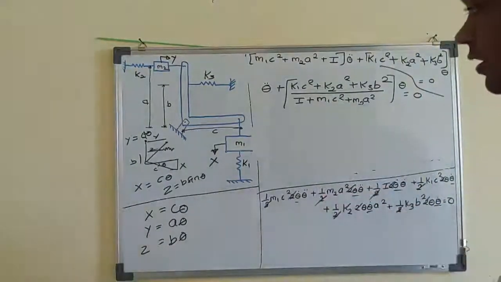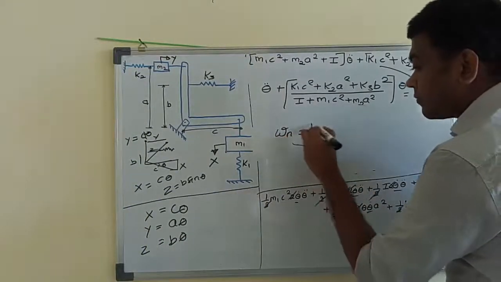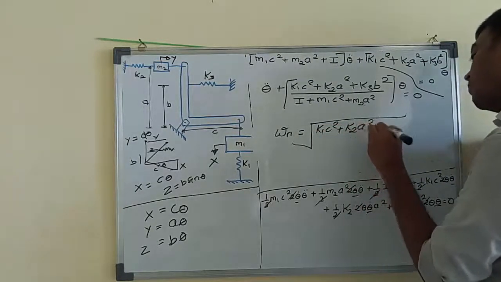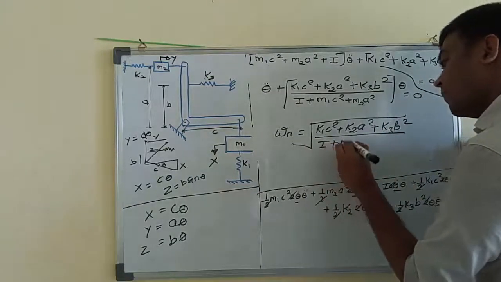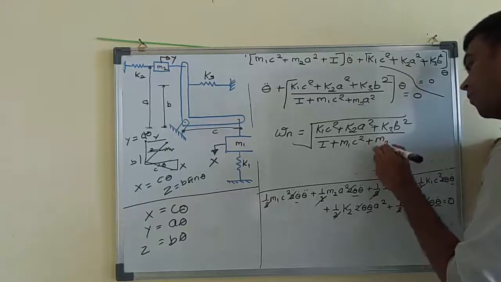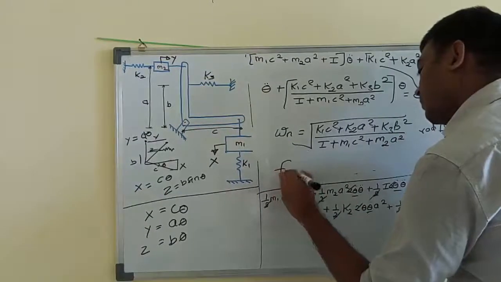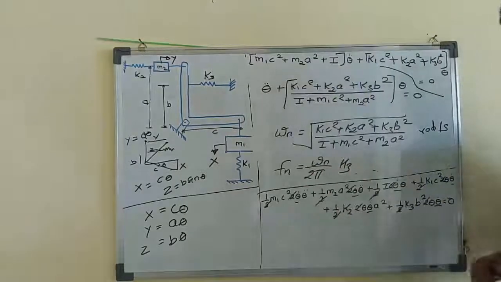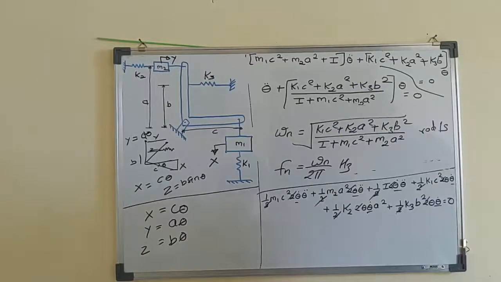If you compare with the equation theta double dot plus omega n square theta equals 0, you get omega n in radian per second, and the frequency in Hertz. Hope the numerical is clear to you. This is a little bit lengthy numerical. So till then, thank you.